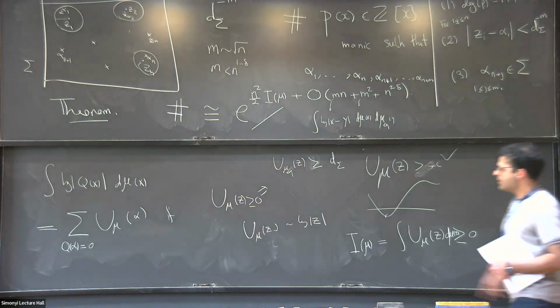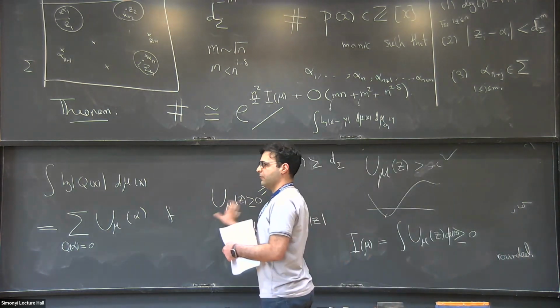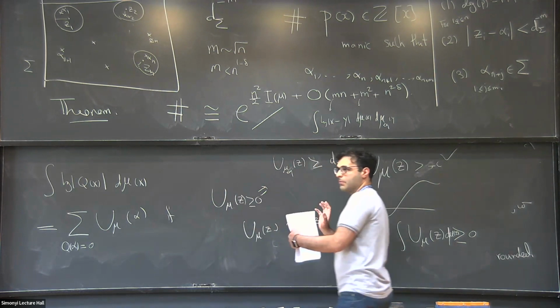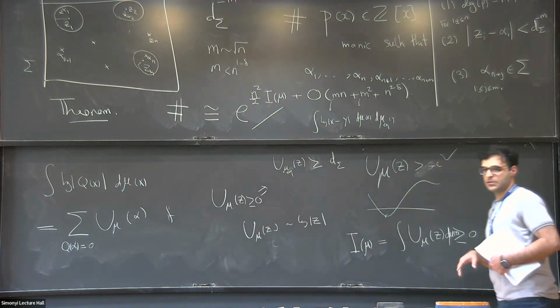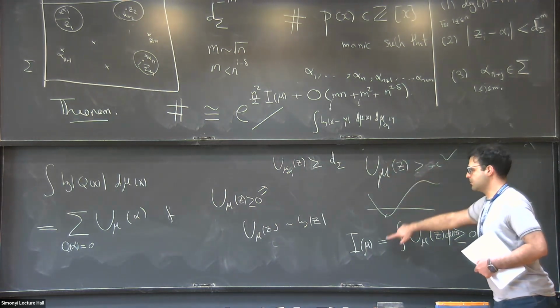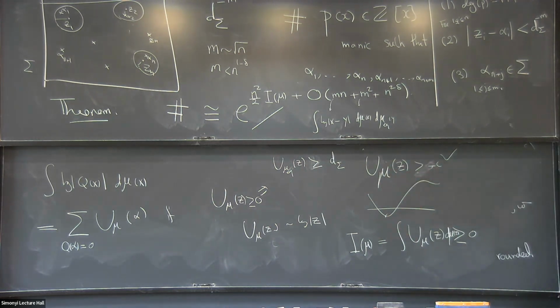One thing about these measures is that they're conformally invariant. So if you're positive, then you apply a conformal map, and it is going to be positive. But conformal invariance doesn't work for this arithmetic measure.